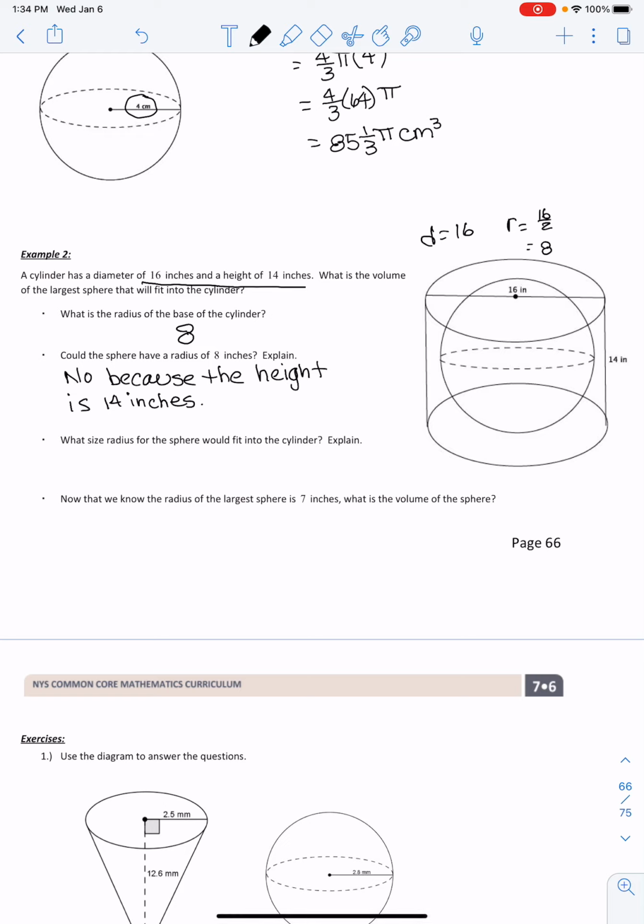So now, it says what size radius for the sphere would fit into the cylinder? Well, the radius that would fit in there is 7 inches.